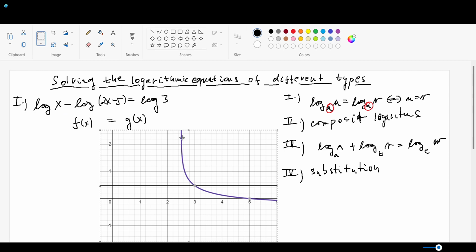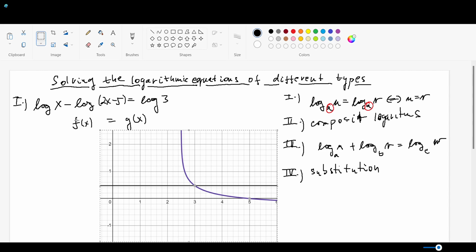The second function is defined as g of x, which is log of 3 with base 10, of course. As you probably know, it is a constant function, which is represented in this graph by the black line.